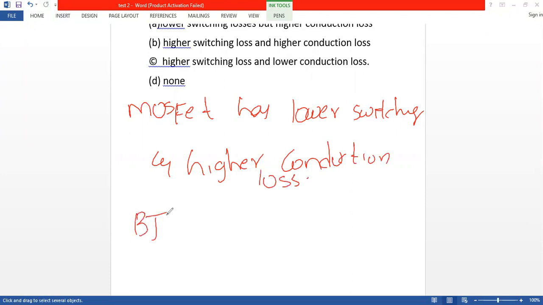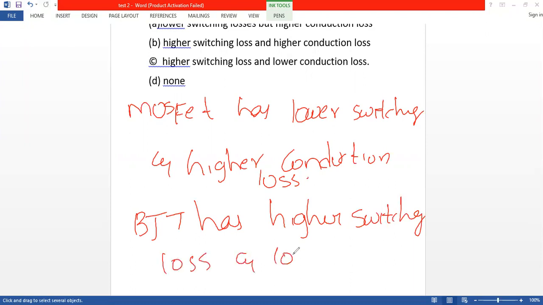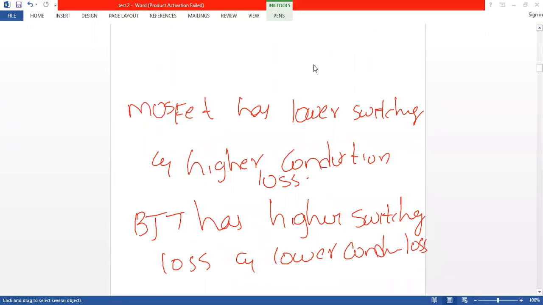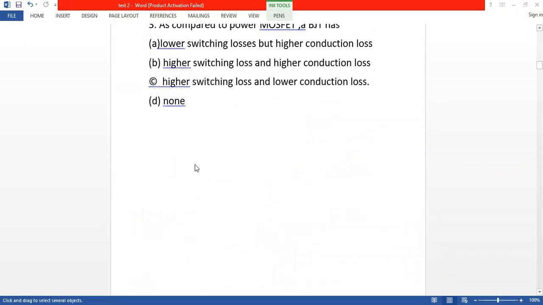Whereas BJT has higher switching loss and, opposite to it, lower conduction loss, because it is represented as a battery. This is an important topic here.